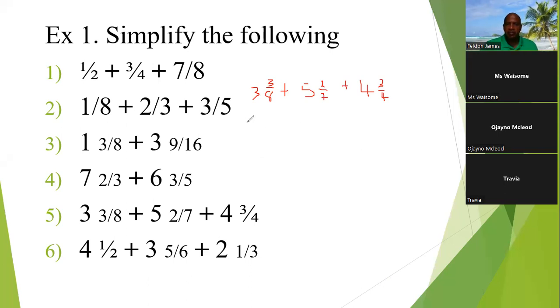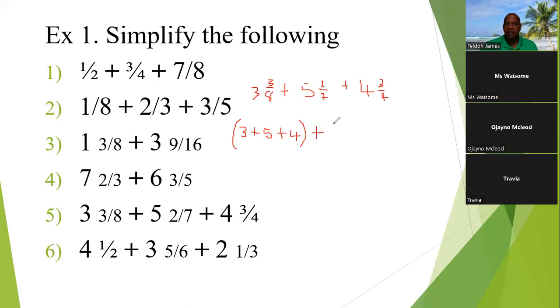Okay, so let us do that. We're going to add the whole number parts by themselves together. So we're going to add the whole number 3, plus the whole number 5, plus the whole number 4. So those are the 3 whole numbers that we're adding together.